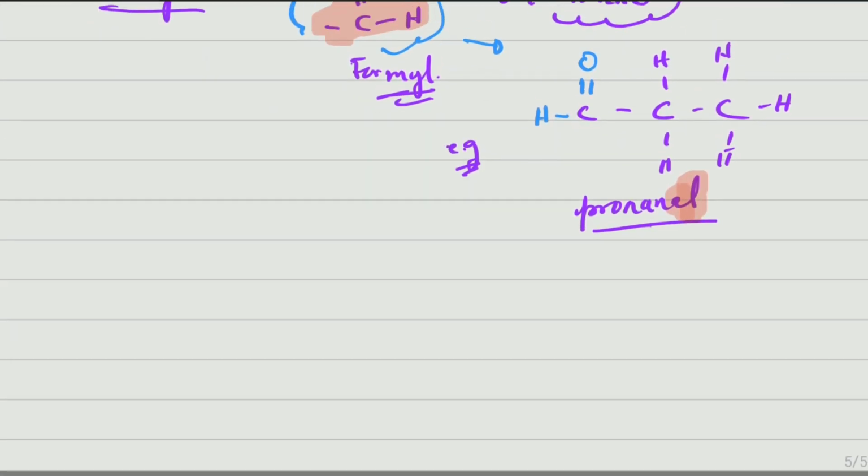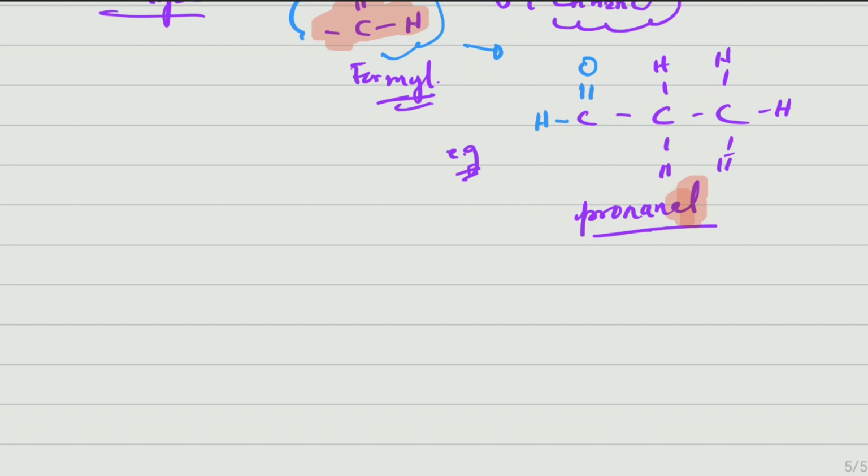Now we're going to see the next homologous series, which is going to be called a ketone. Now the ketones, the functional group is a carbon. Remember how to identify the family.